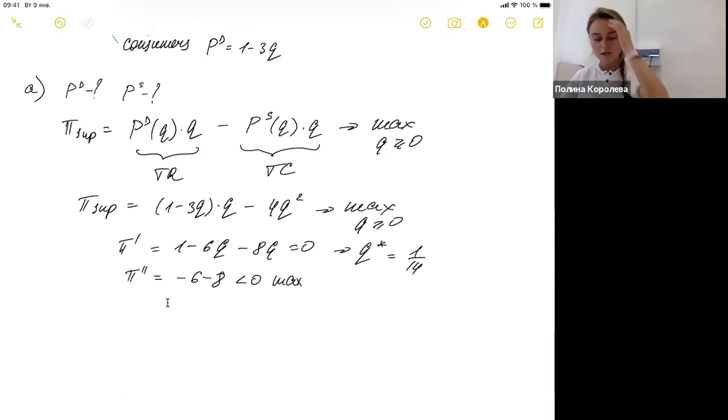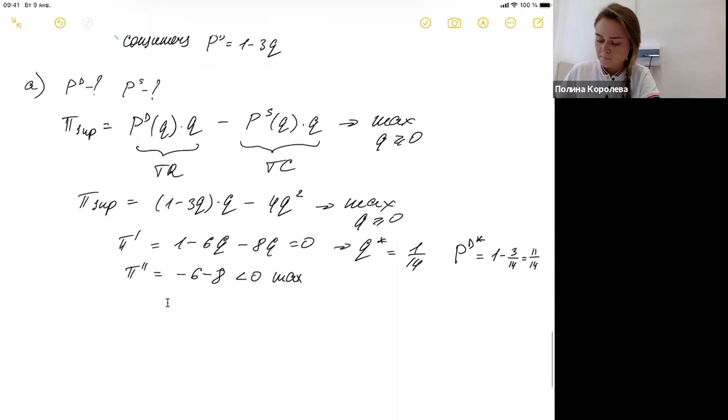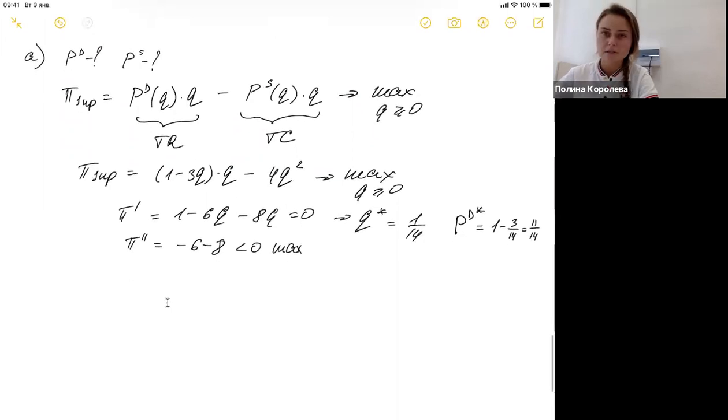Okay. Then the price for consumers. The price for consumers is found by putting this quantity that the monopolist will sell into the maximum willingness to pay of our consumers. So we put it into the demand function. This will be 1 minus 3/14, or it will be 11/14. What about the price that our supermarket will charge for farmers?